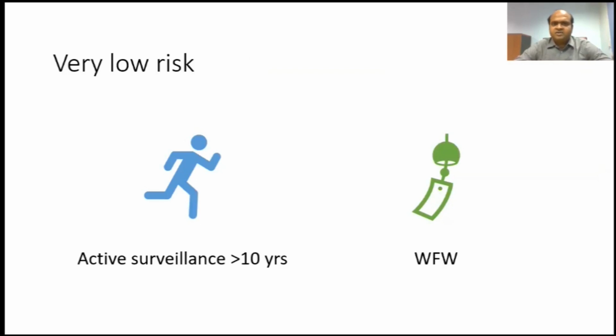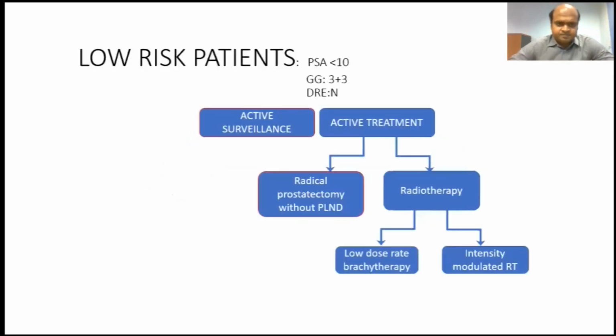So in very low risk disease, the treatment option is active surveillance with a life expectancy of more than 10 years. And if the life expectancy is less than 10 years, then only watchful waiting. That is, you will give symptomatic treatment whenever it's required. Regarding active surveillance, I will come to it in a subsequent slide.